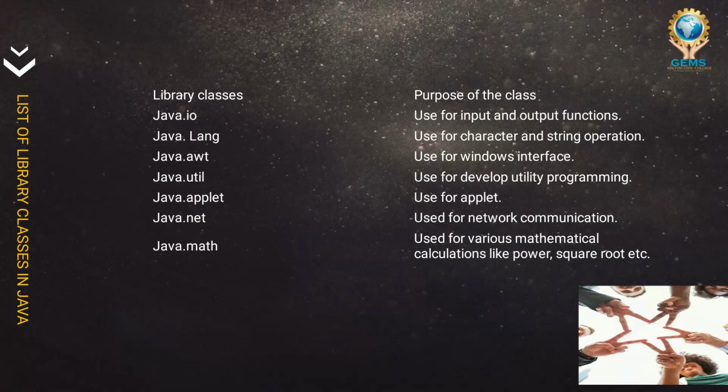Some are used for mathematical calculations, powers and square roots. Some are used for input output operations. Some are used to develop utility programming. Some are used for applets. Some are used for communication network. So these are the different kinds and types of library classes used in the Java programming language.